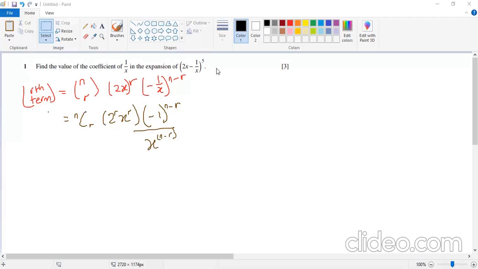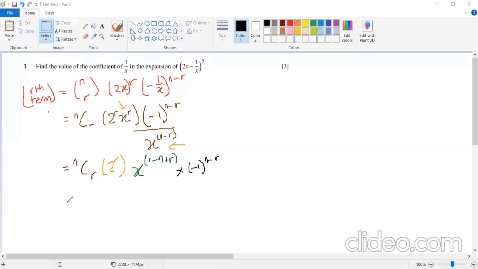Then we can combine it further. Because there's an extra power of r here, let's combine the totals. So this becomes 2 to the power of r, and then when you combine that part, it becomes x to the power of r minus n plus r. Minus minus is plus, take note. And then here we still have negative 1 to the power of n minus r.